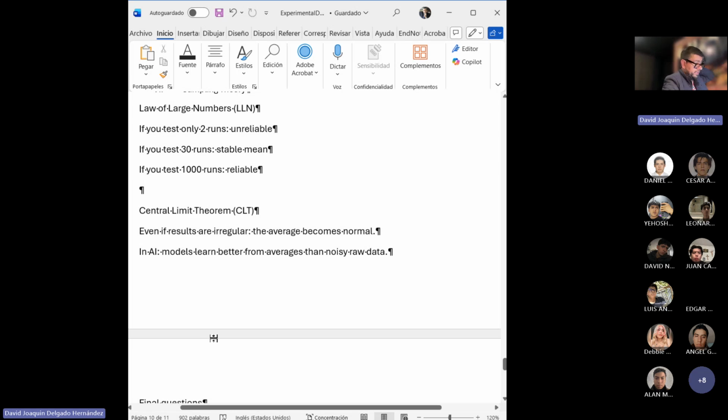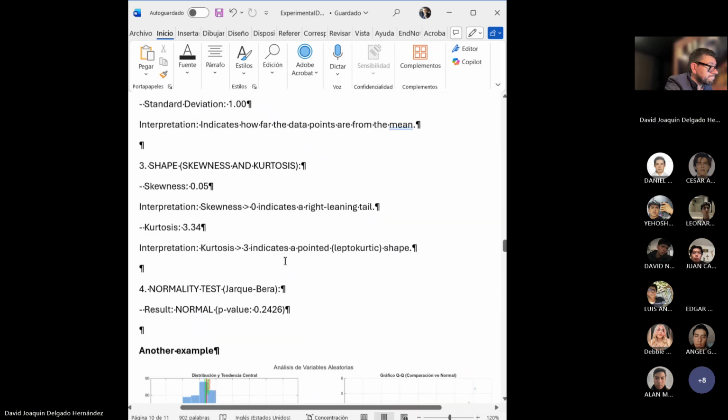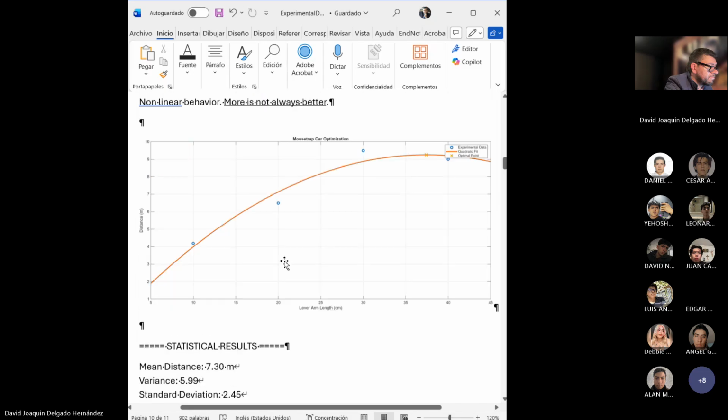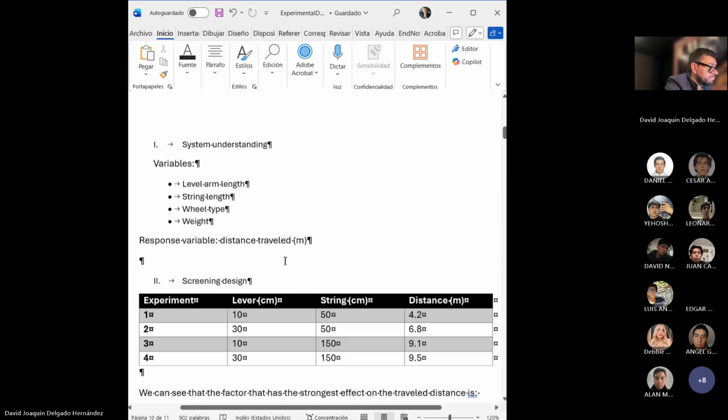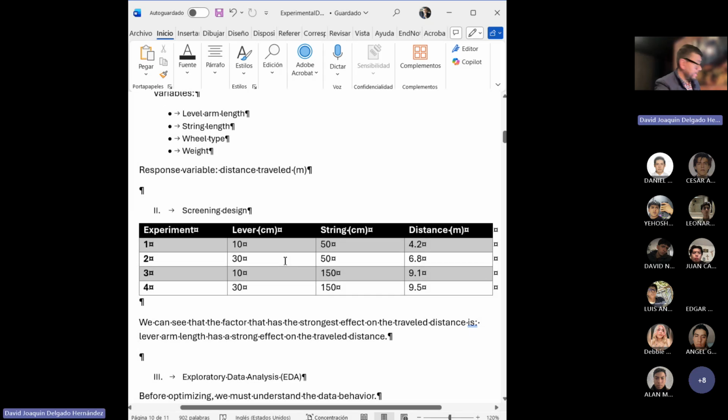Well, look, let me go back here. Okay, I am going to take a photograph of this image, and I am going to send it to the WhatsApp group.